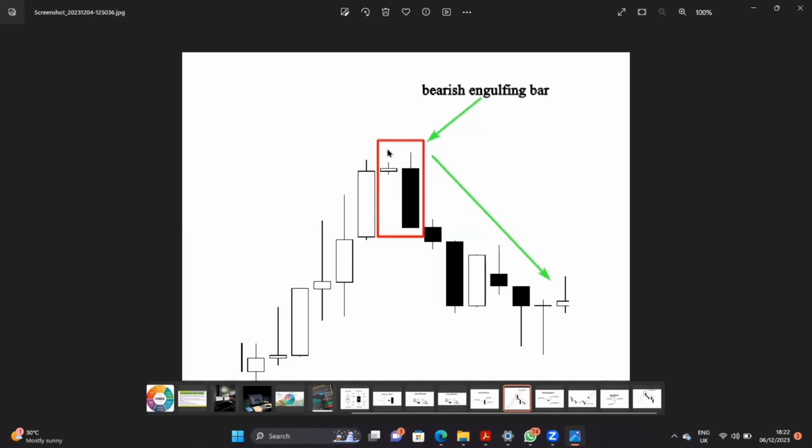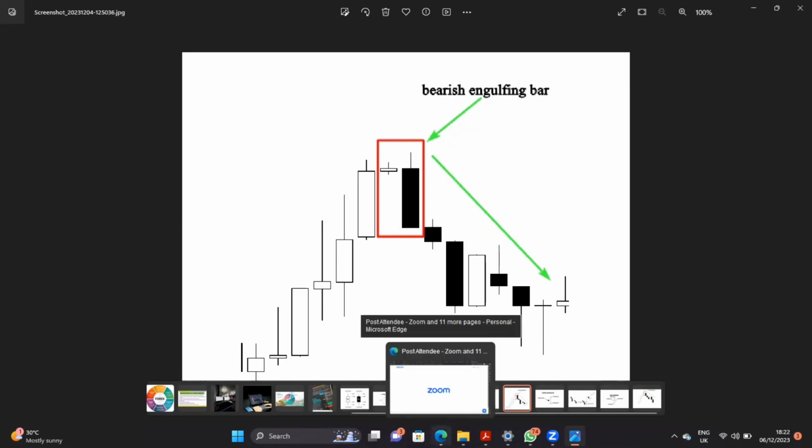Like I mentioned before, I'm using a display on my screen to explain a bullish engulfing setup. But when it happens as a bearish engulfing setup, as you see on the live chart, I would also explain it broadly. So we said that engulfing is when a candle fully engulfs another candle.